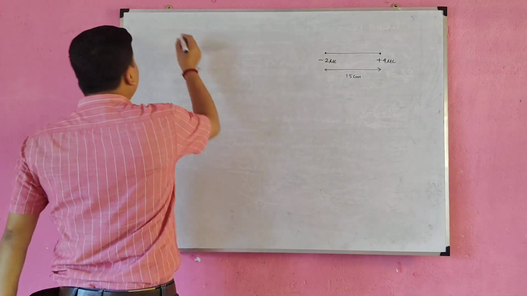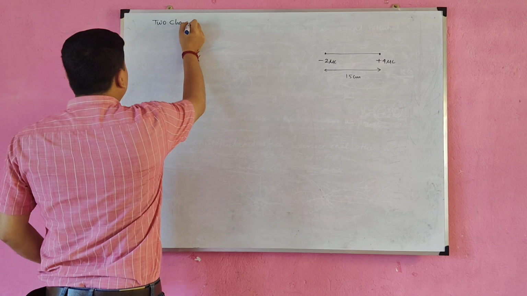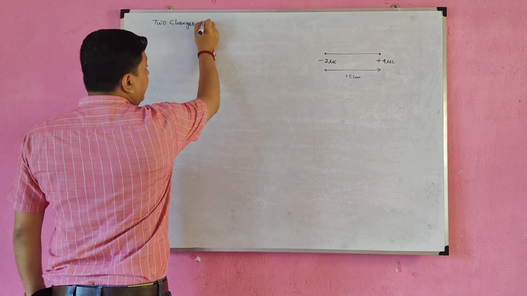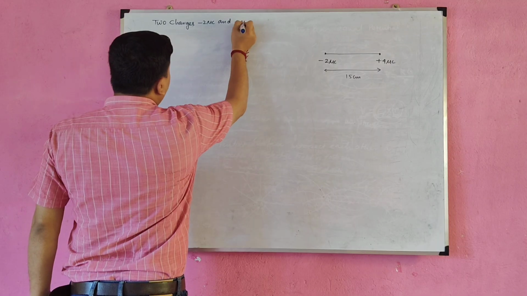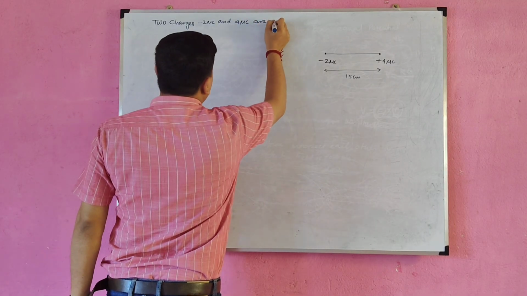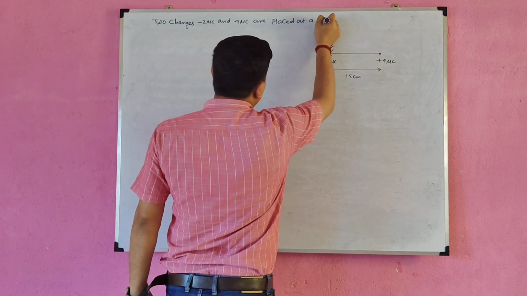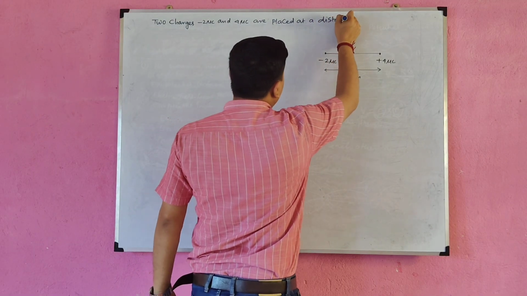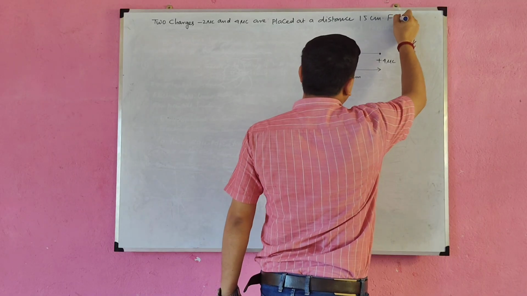If I write here the numerical: two charges, one is minus 2 microcoulomb and another is 4 microcoulomb, are placed at a distance of 15 centimeter.